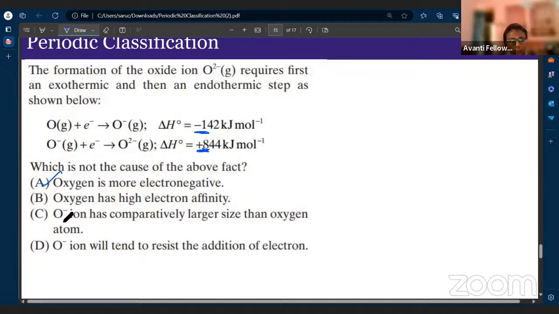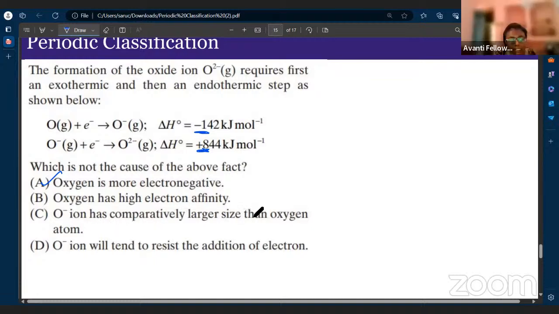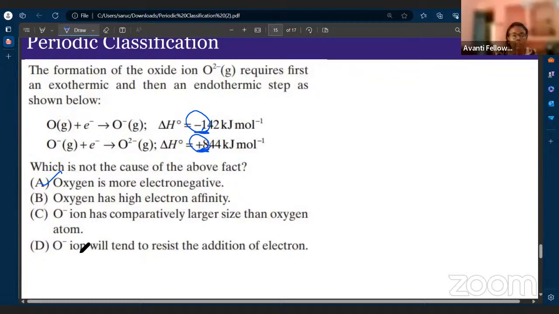Look over the next option: O minus ion has a comparatively larger size than the oxygen atom, or O minus ion will tend to resist the addition of electron. Which is the cause? Why is the first electron gain enthalpy negative, and here it is positive? D should be the cause.